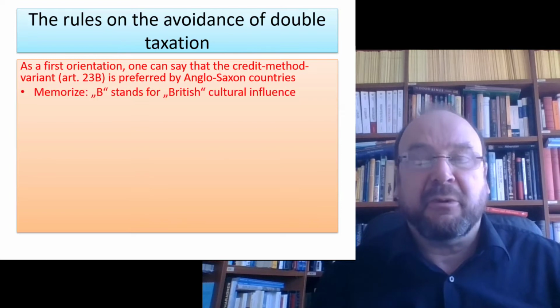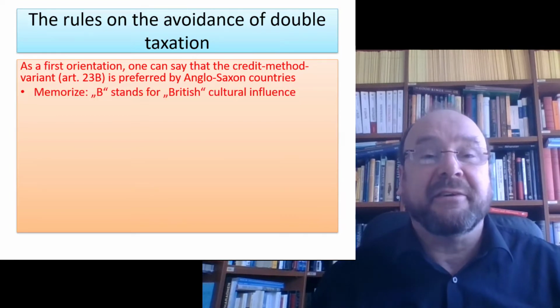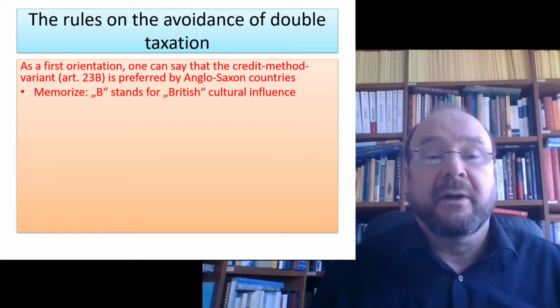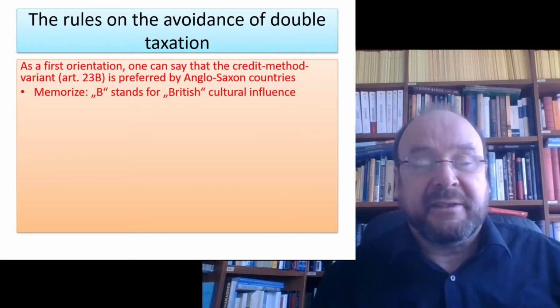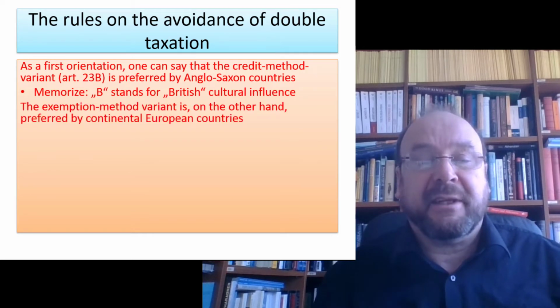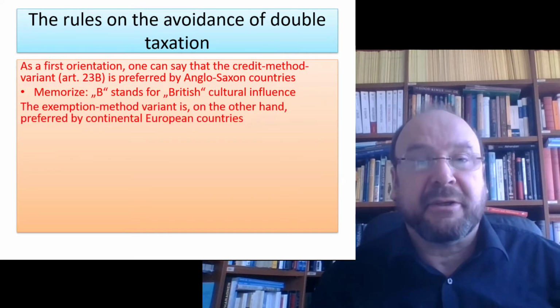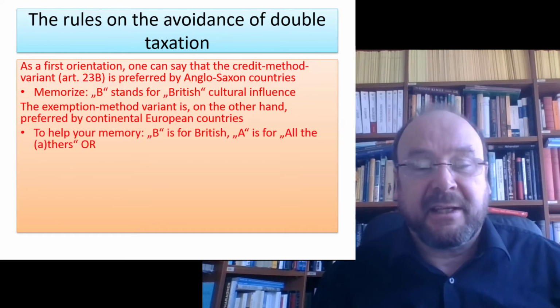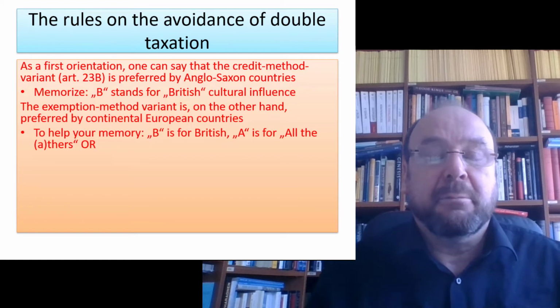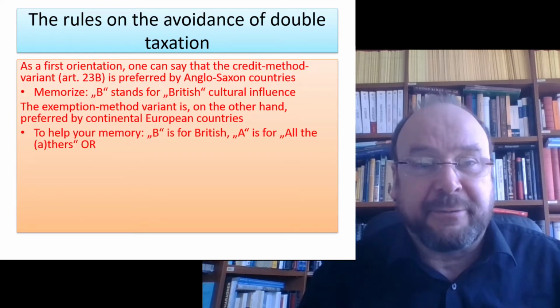You can even memorize it easily. 23B stands for British cultural influence. So 23B is British. The exemption method, however, is on the other hand preferred by continental Europe. So you could say B is for British and A is for all the others.